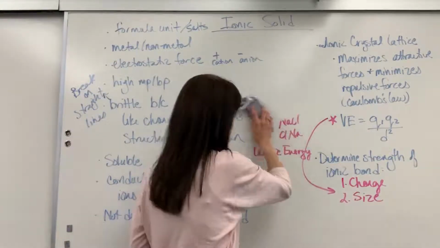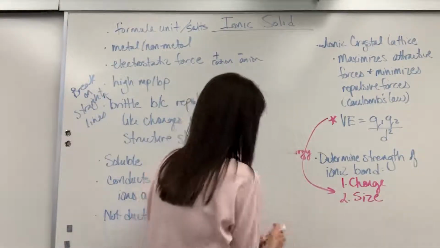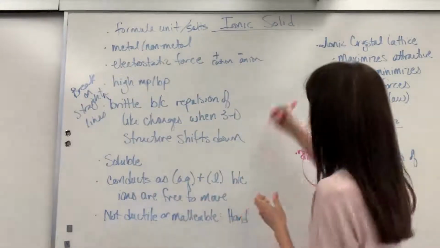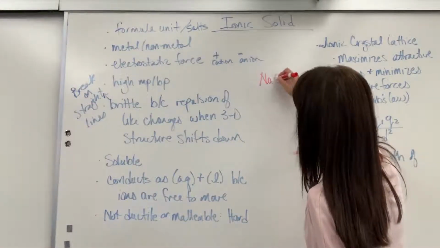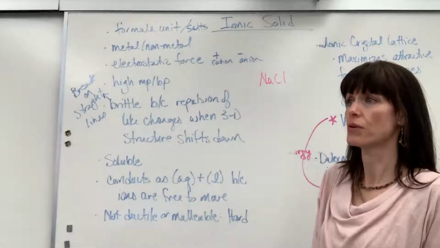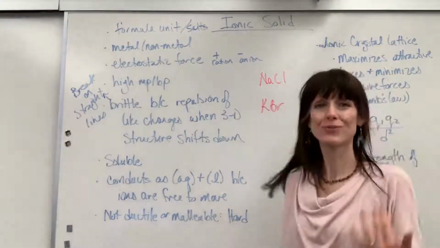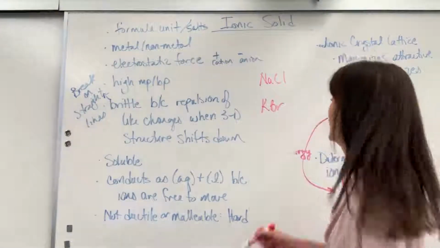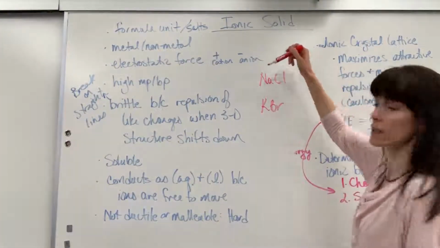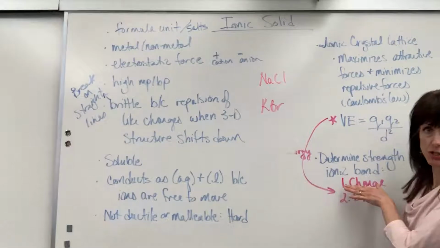Let's do a couple of examples with this. Let's take our sodium chloride, and let's compare this to a potassium bromide, okay? And I want to know which one has the higher melting point. So I look at charges. Number one, I always look at charges.